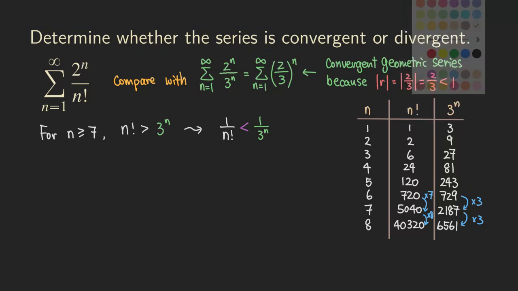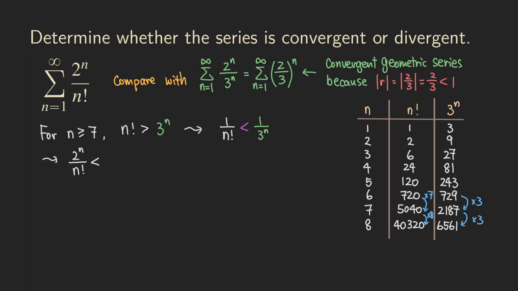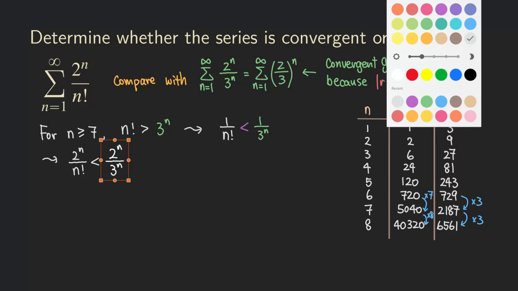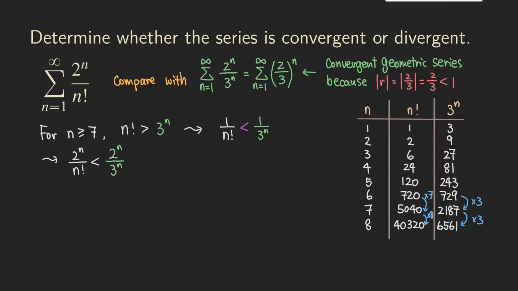So we are getting 2 to the n over n factorial, and that's still less than 2 to the n over 3 to the n. And so that's our green series here.